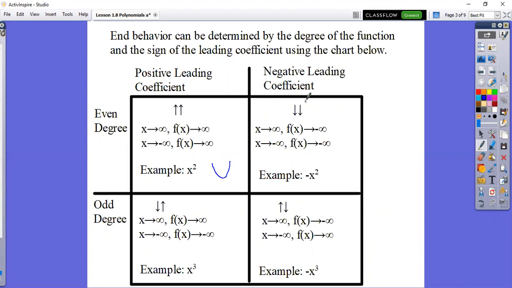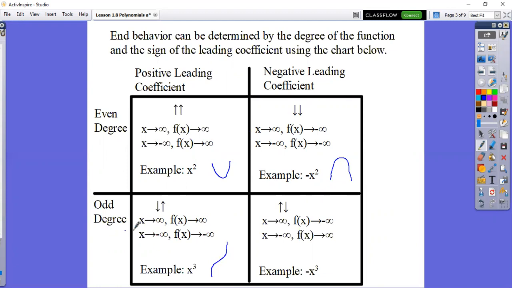If I had a negative leading coefficient, so like negative x squared, it would do the opposite. As x approaches both positive and negative infinity, the function would approach negative infinity. With odd degrees, one side goes up, one side goes down. So for example, x cubed looks something like this.